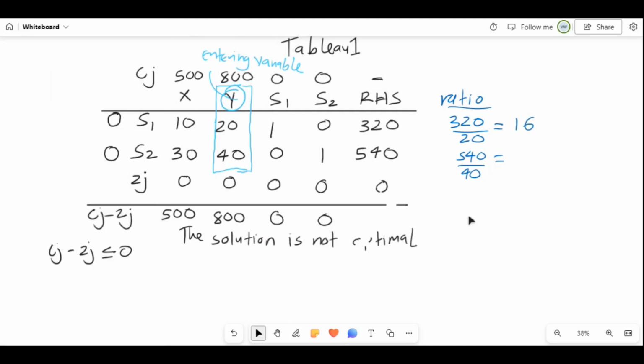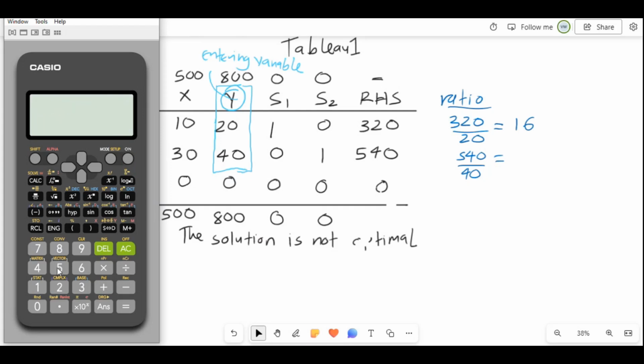And when you take 540 divided by 40, you get 13.5.